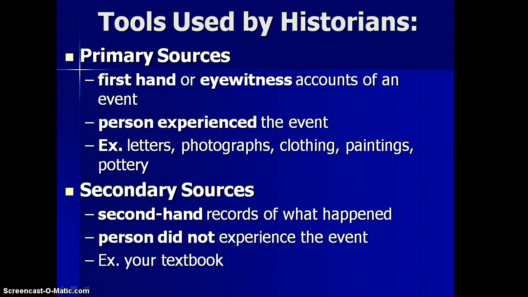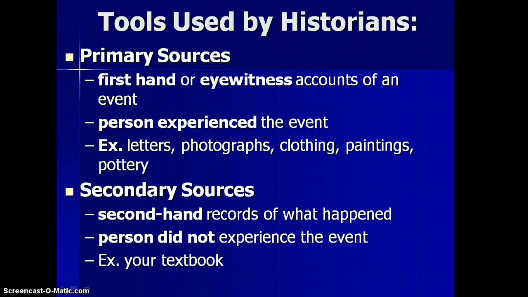Now we're going to move into a time of practice, classifying primary versus secondary sources. So there are 8 examples, and I want you to write down your answers as you see the example flashed on the screen.